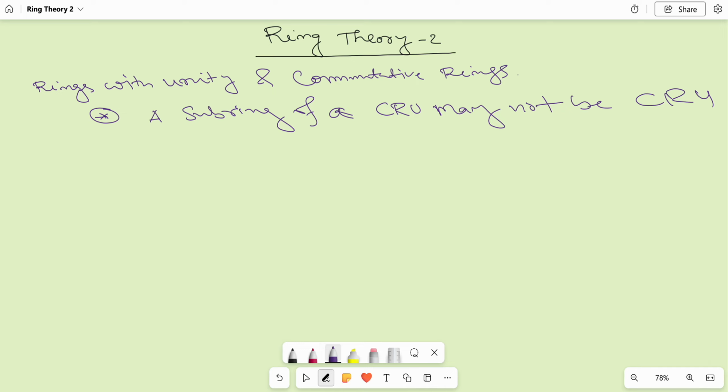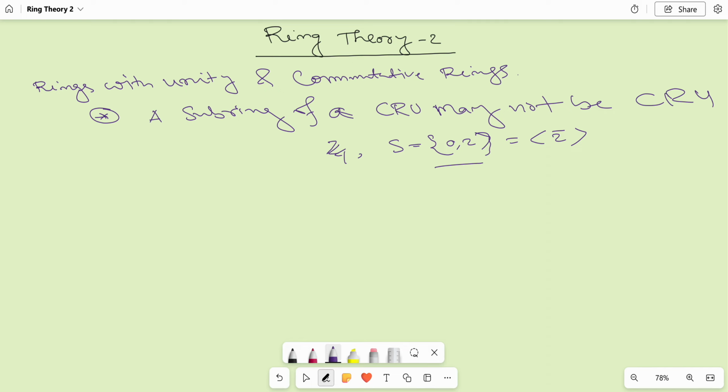We have seen an example of Z4, and a subring generated by 2, that is {0, 2}. This does not have any unity element, that means there is no identity element with respect to the second binary operation.